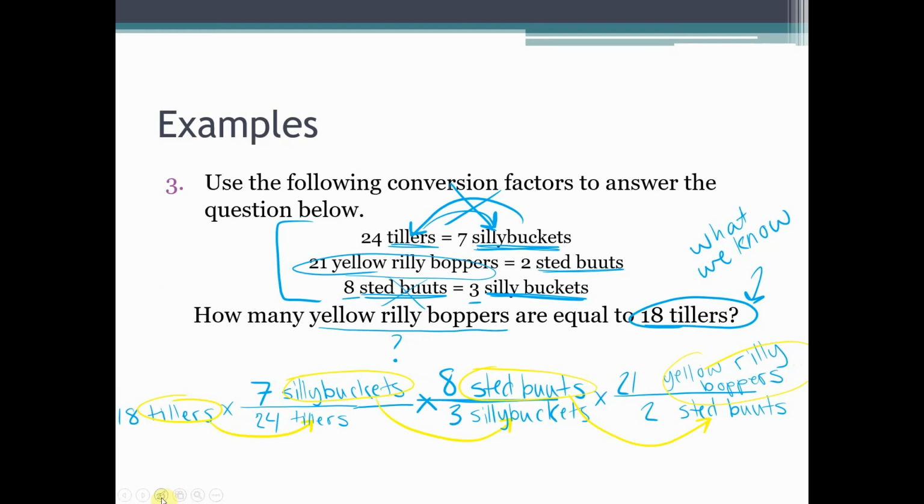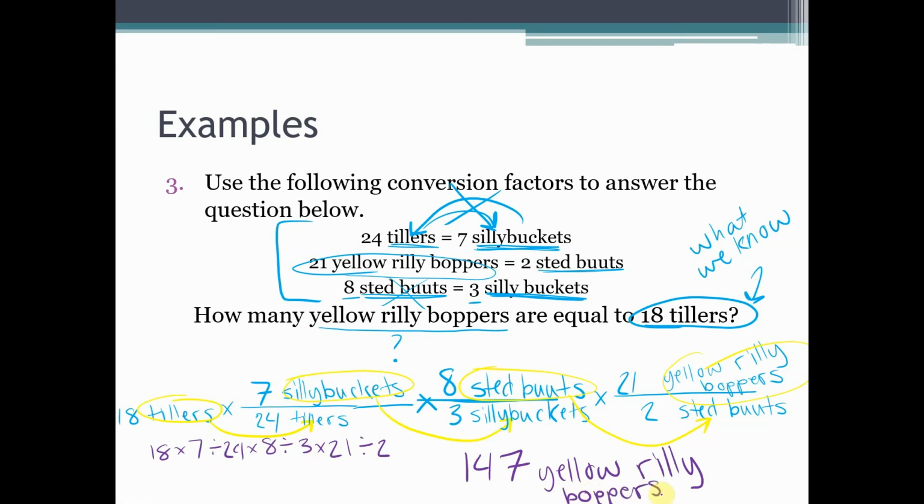So if we just wanted to go straight across, it would be 18 times 7 divided by 24 times 8 divided by 3 times 21 divided by 2. If you want to type that in a different way, that's completely up to you. But everything that is under a fraction should be divided. Everything that's over a fraction should be multiplied. And when you type that into your calculator, it should tell you that there are 147 yellow really boppers.